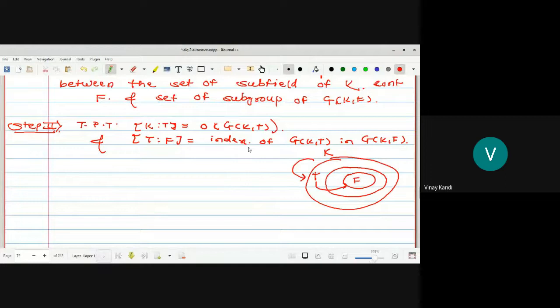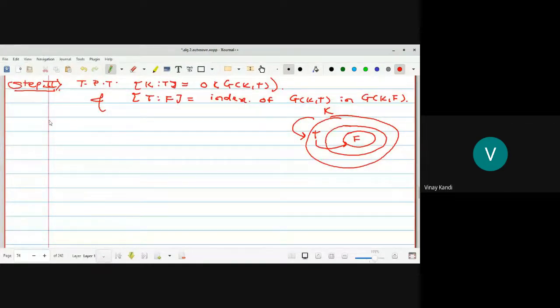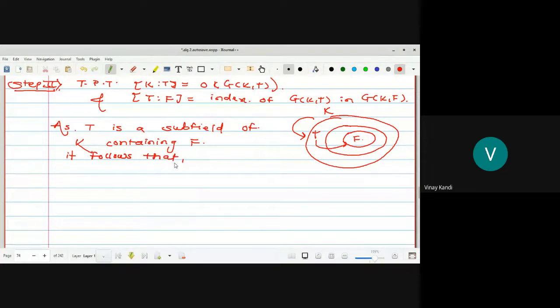Now, as T is a subfield of K containing F, it follows that K is a normal extension of T, as we proved in the above step.